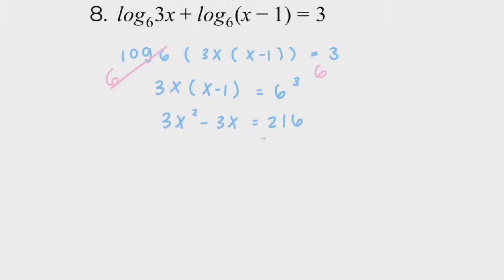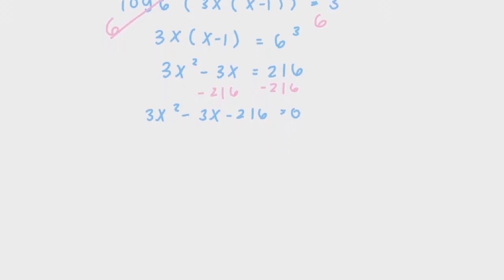So I'm going to subtract 216 on both sides. Get 3x squared minus 3x minus 216 equals 0. We can factor out a 3, and we'll be left with x squared minus x minus 72 equals 0. We do the x method, it's negative 72 on top and negative 1 on the bottom. So that would be negative 9 and positive 8, and x goes on top.